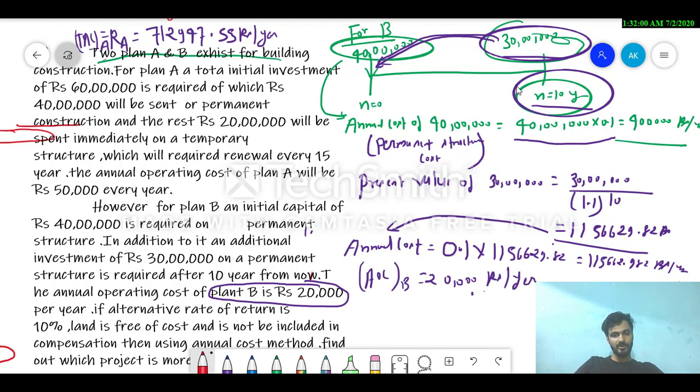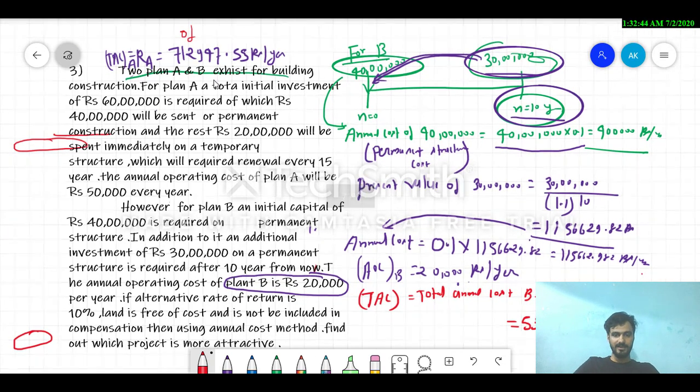So the total annual cost of project B equals 4 lakhs plus 115662.982 plus 20,000 rupees, and if you add all these things, you will get 535662.99 rupees per year.